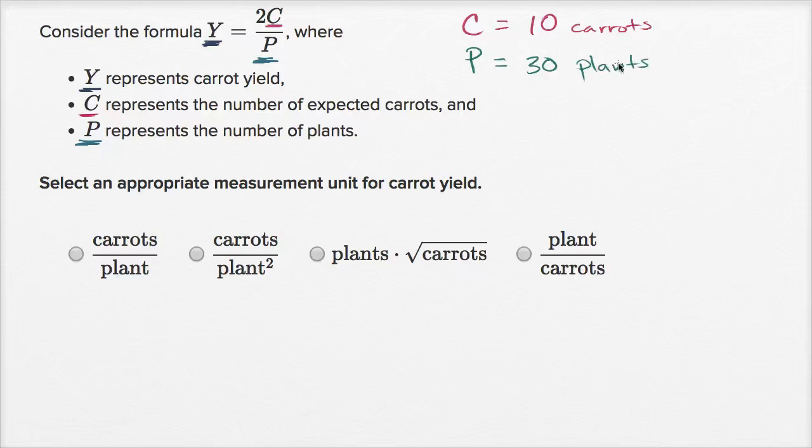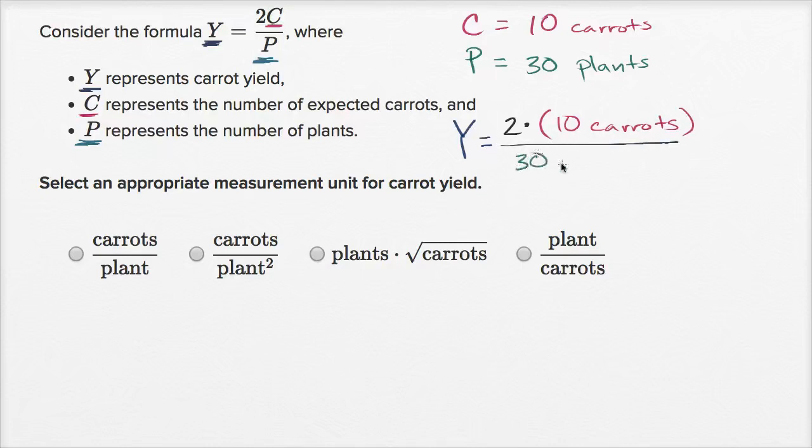Using this formula, y would be equal to 2 times 10 carrots divided by P, which in this case is 30 plants. 2 times 10 carrots is 20 carrots, so we can write the numerator as 20 carrots divided by 30 plants.